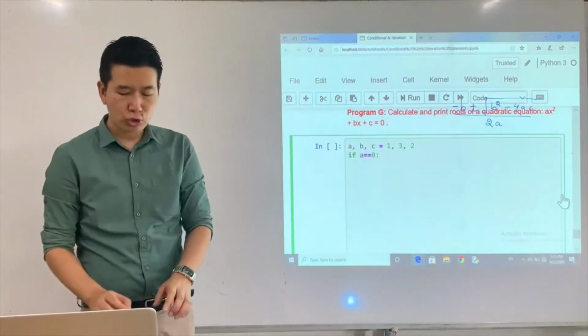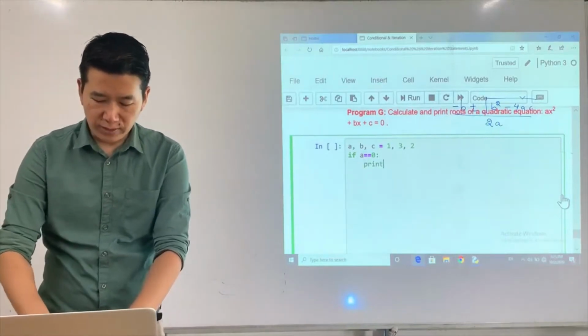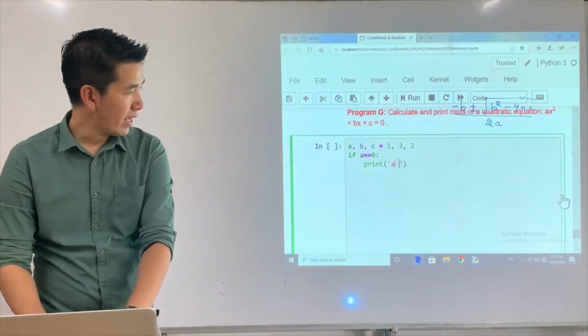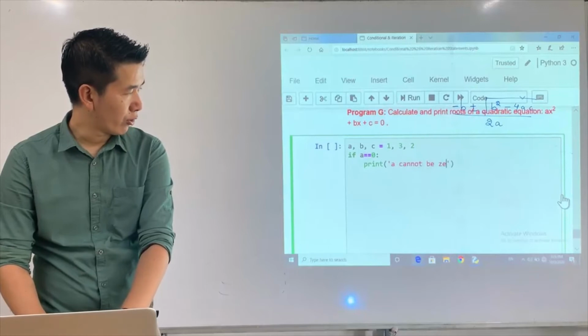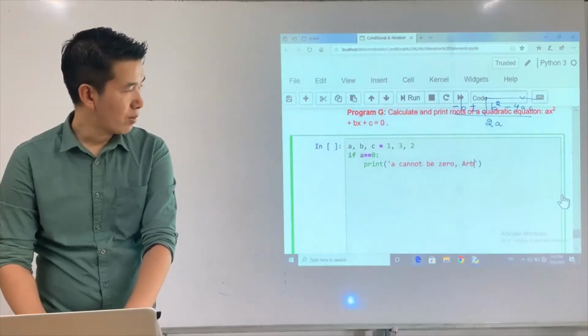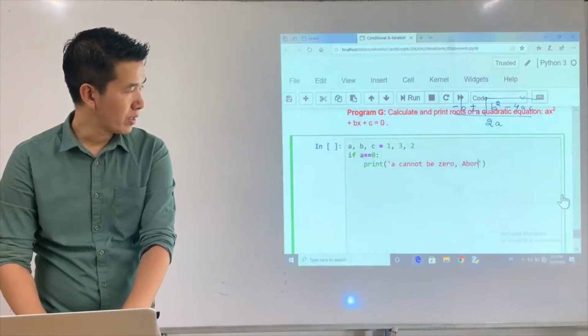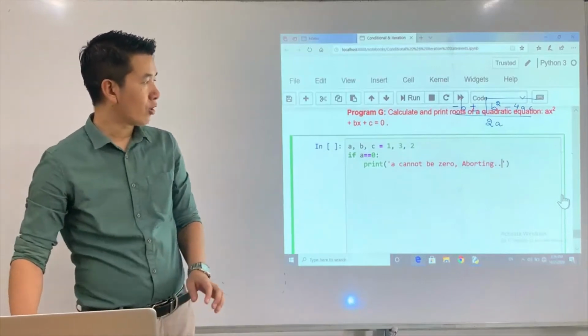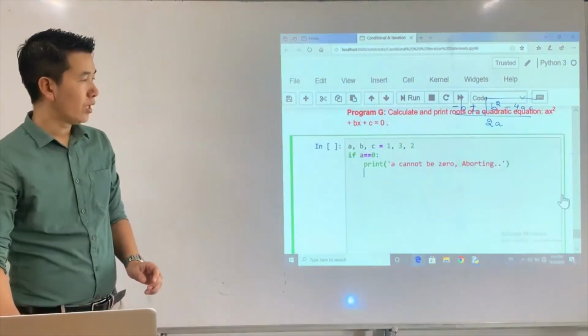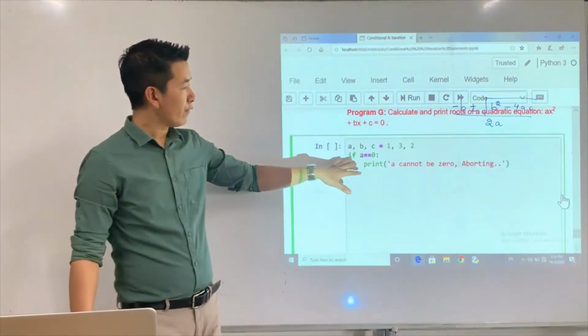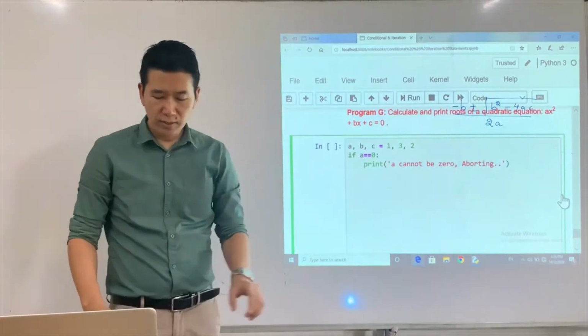If the condition is true, then I would like to print a message saying a cannot be 0, program is aborting. Aborting means cancelling or coming out, right? So if a is equal to 0, end of the story.